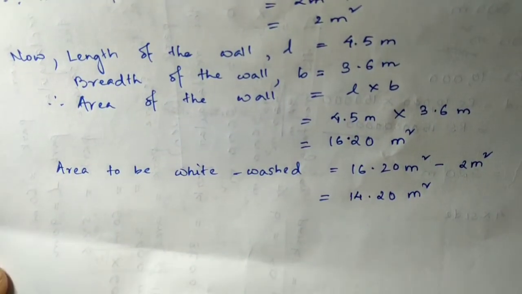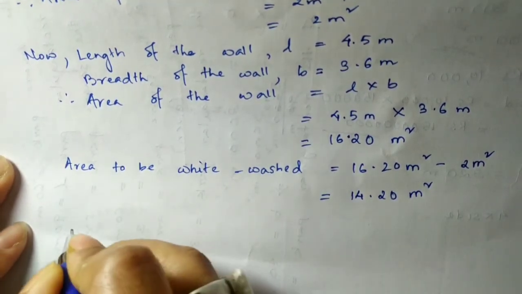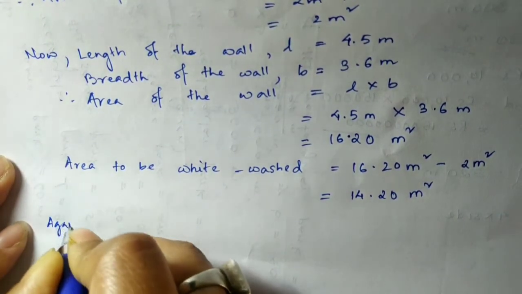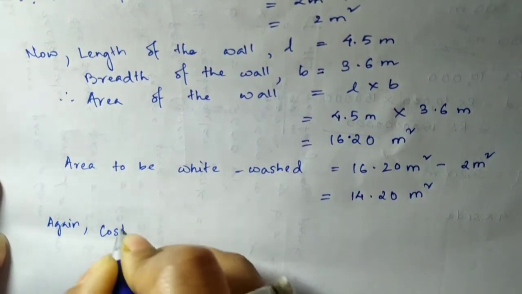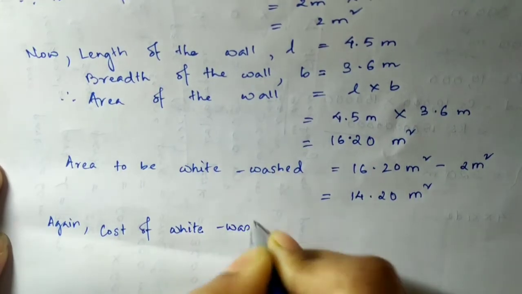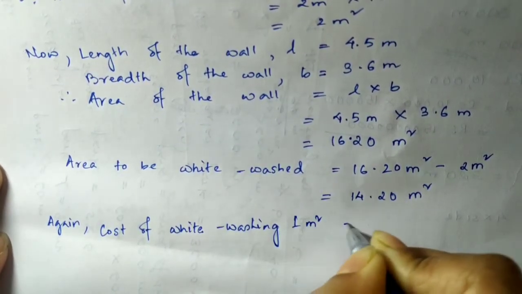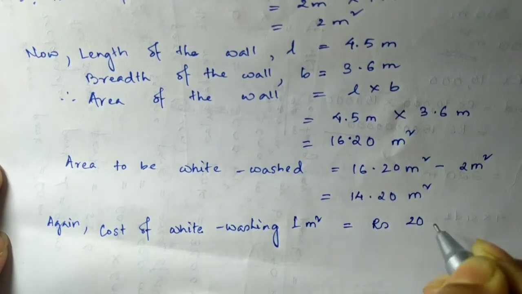So what is given? The cost of whitewashing the wall is ₹20 per meter square. Then the cost of whitewashing 1 meter square is equal to ₹20.